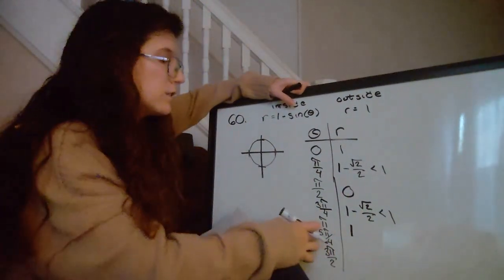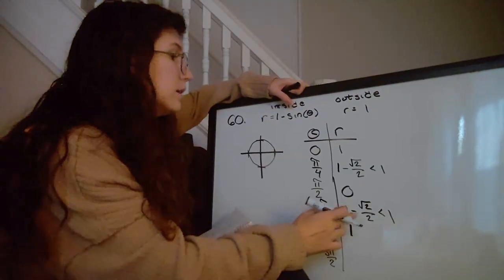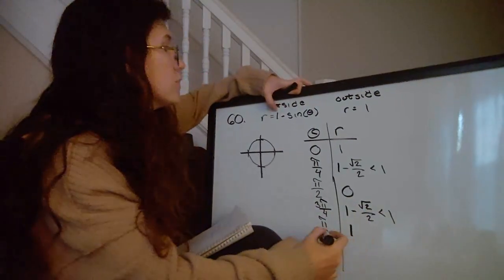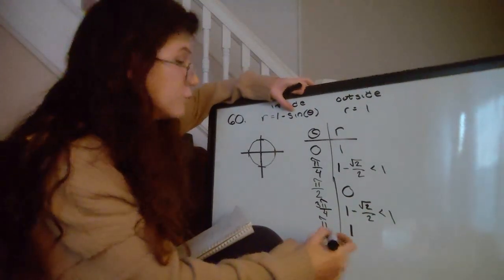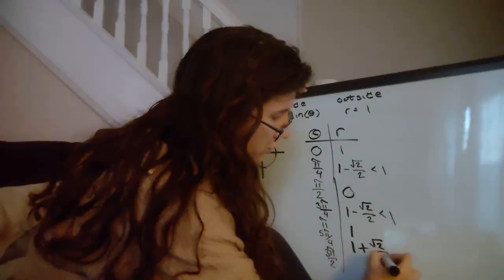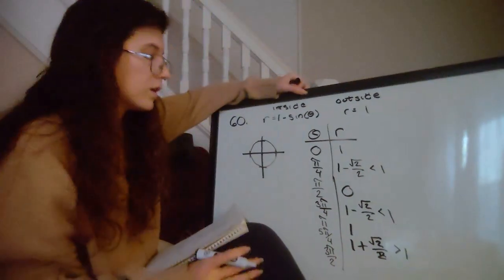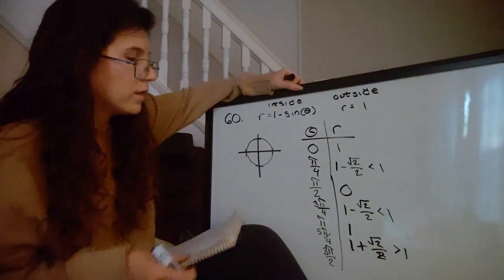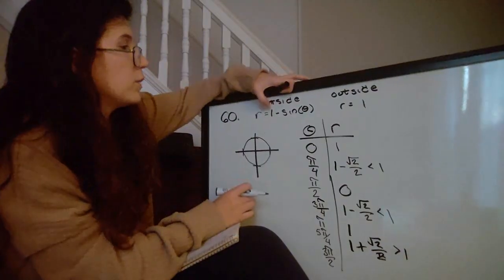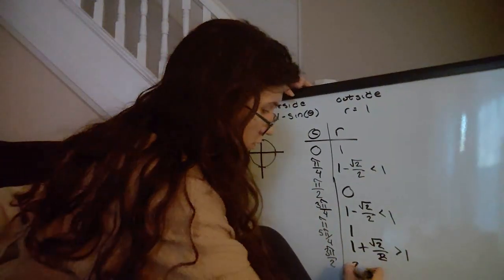The only thing that's different is now 5 pi over 4, where sine equals negative root 2 over 2. So this is going to be 1 minus negative root 2 over 2, or 1 plus root 2 over 2, which is greater than 1. And then 3 pi over 2, sine is negative 1, so that would be 1 minus negative 1, which would be 2.